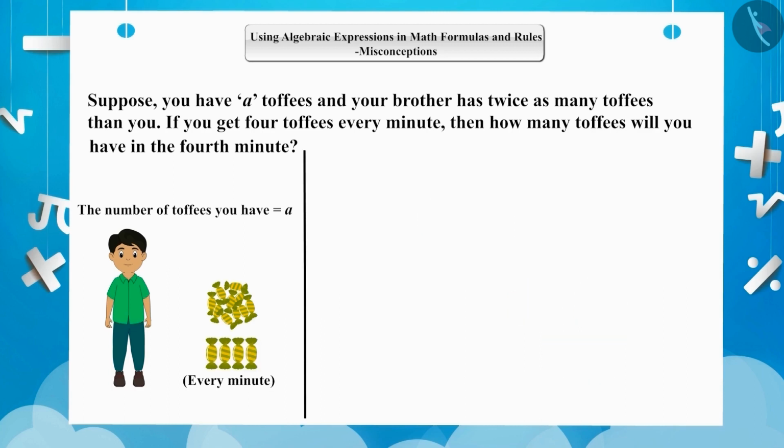So, after the first minute, the number of toffees you will have is a plus 4, which we can represent as the first term. Now, after each next minute, we have to add 4 toffees, so the second term will be a plus 4 plus 4. That is, a plus 4 times 2 is equal to a plus 8.